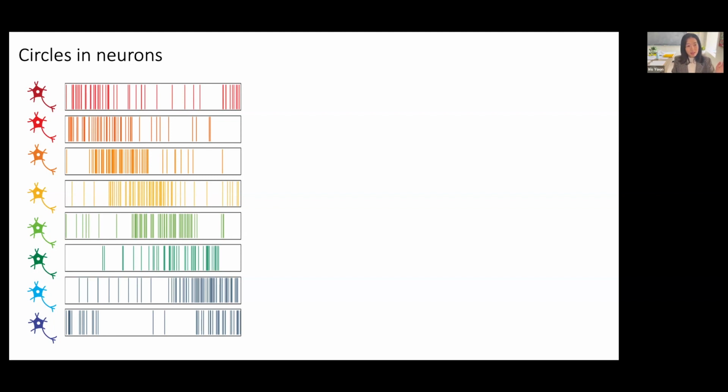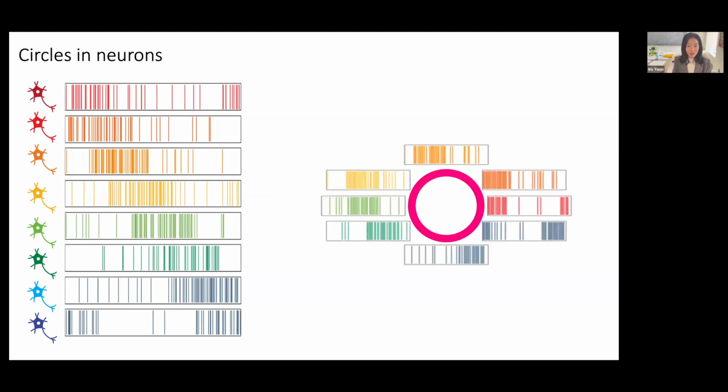Let's say I've measured this neural activity throughout my experiment, and I want to arrange these neurons based on how similar their spike trains are. If you stare at them long enough, you might say each pair of neurons on the left-hand side are similar to one another, whereas maybe this dark red neuron is more dissimilar to the green neurons on the fifth row.